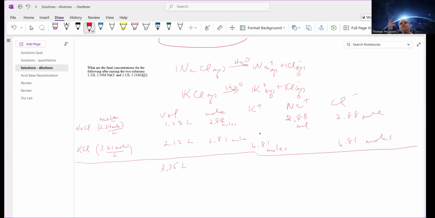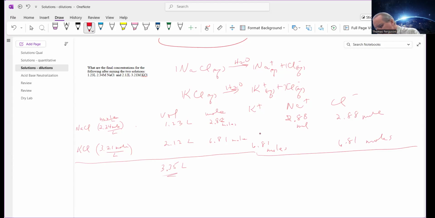Okay, the chloride, we have two sources again of the chloride. We've got it from the sodium chloride and the potassium chloride. So let's start adding these up. Okay, so we know the total volume, 335. So the concentration for potassium is going to be moles per liter.